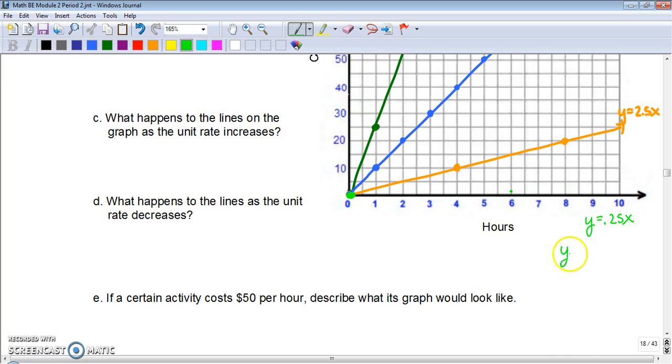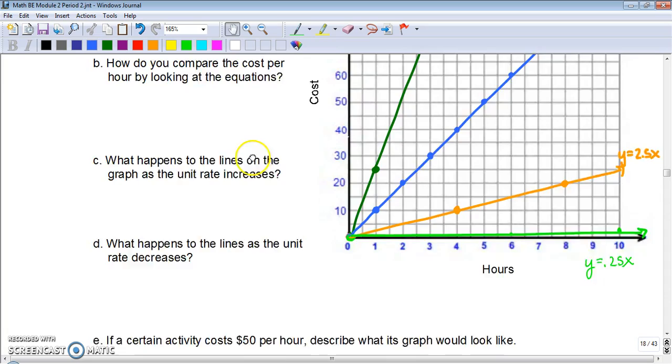So let's actually plug in 10 into this just to see where that would be. So 10 times 0.25 is 2.5. And so it's going to be right there. This one is not going to go up at all. And there's my equation. I already have it labeled. Okay. Let's go to some of the questions now.